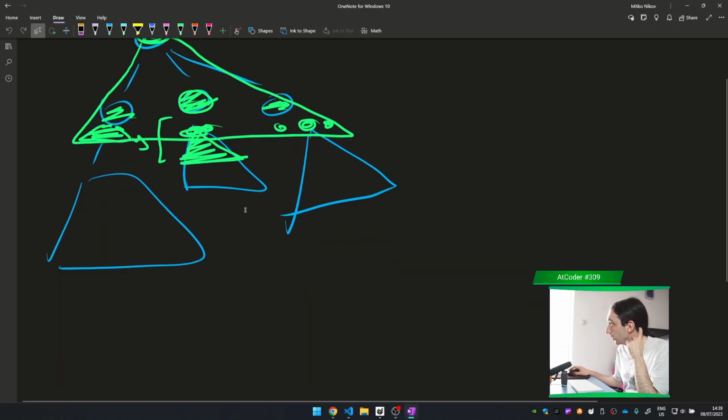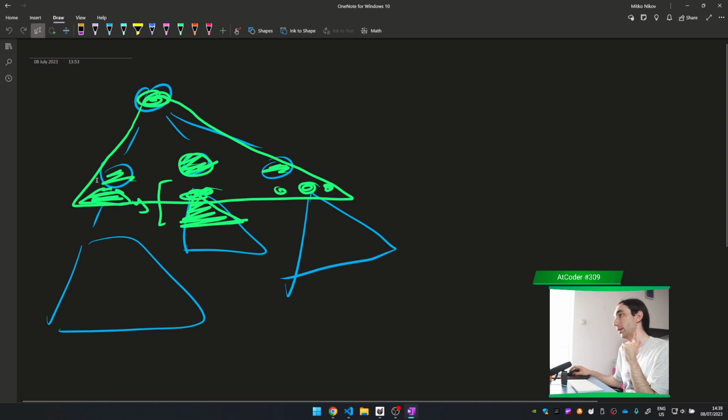If you know about tree linearization, but here you can't really do tree linearization because you need to stop at some point. So it's all about what is the longest here.